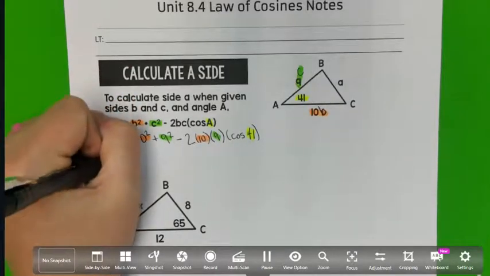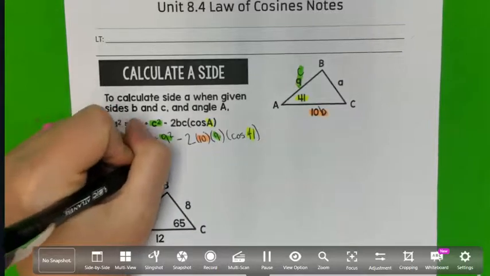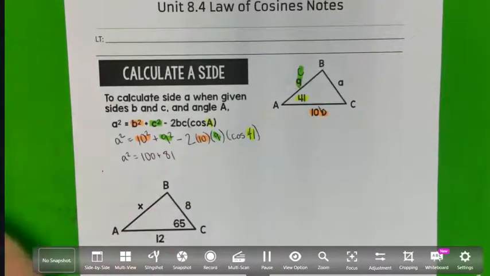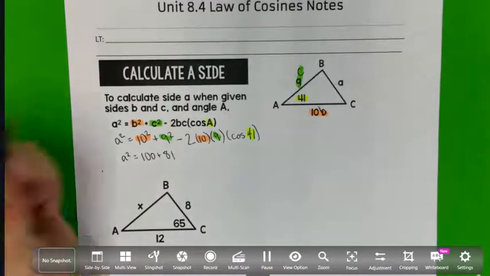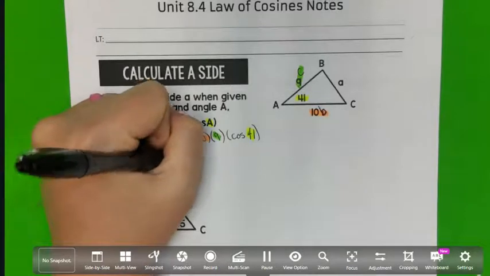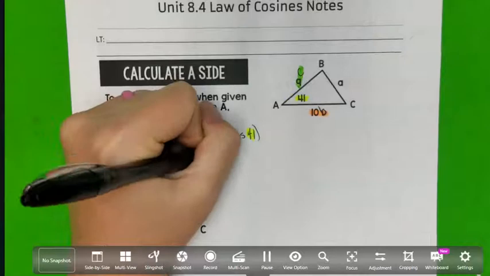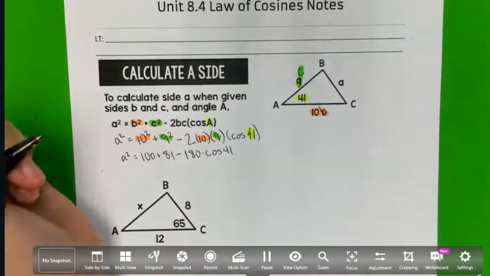We can go ahead and simplify this down. 10 times 10 is 100. 9 squared is 81. And then minus 2 times 10 times 9, which is 180, times cosine of 41.